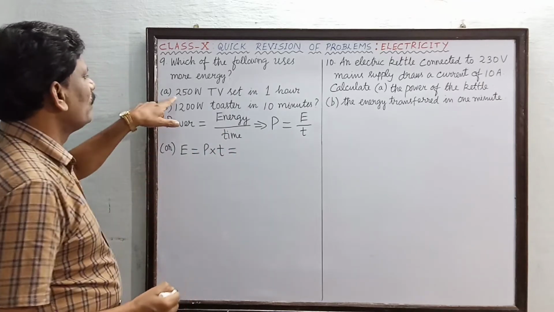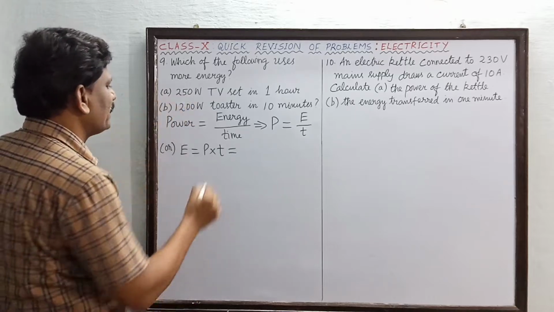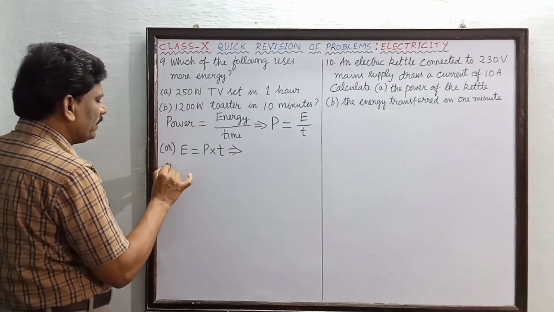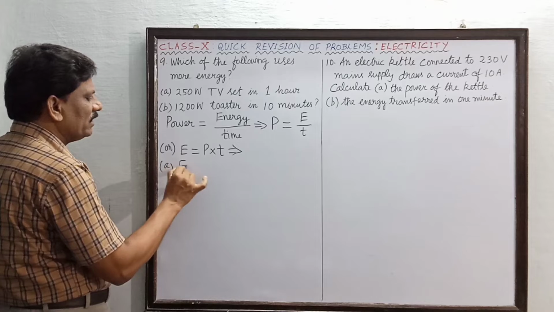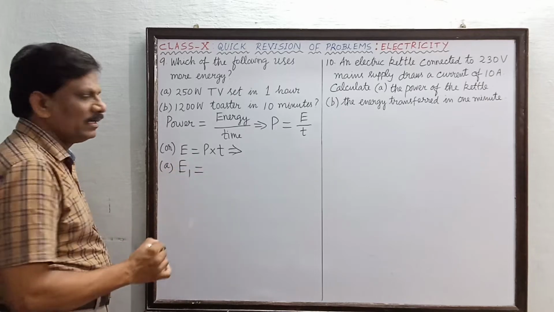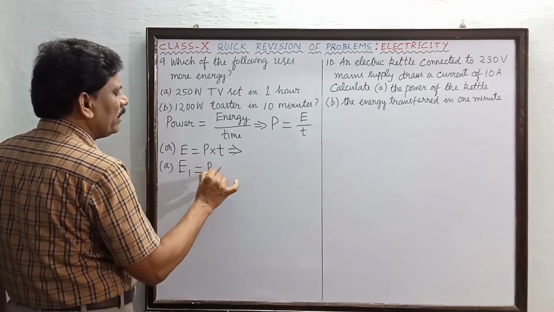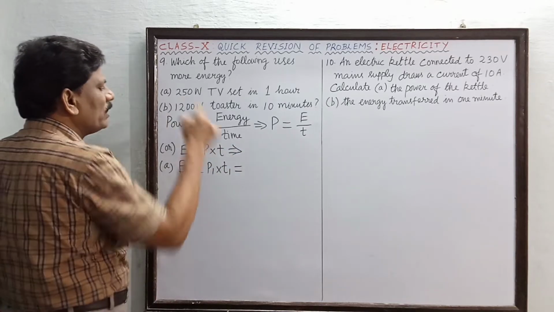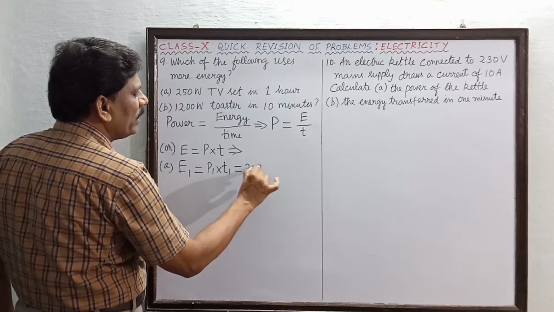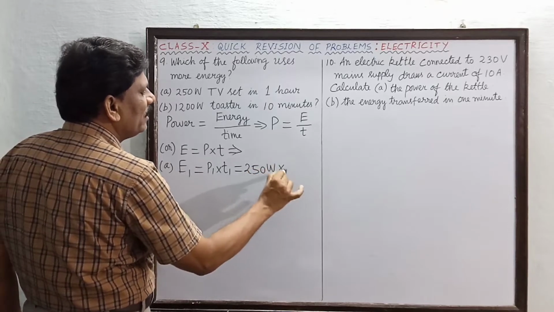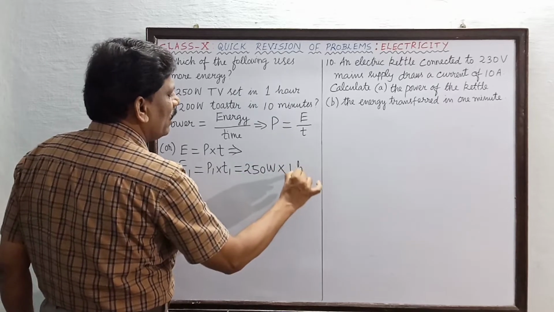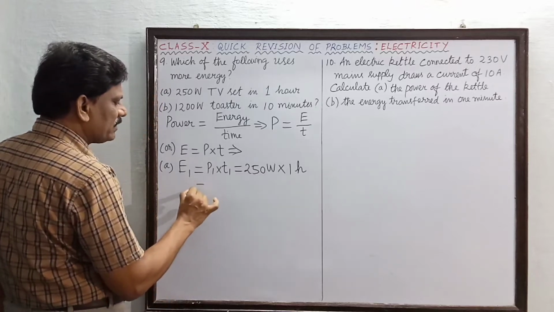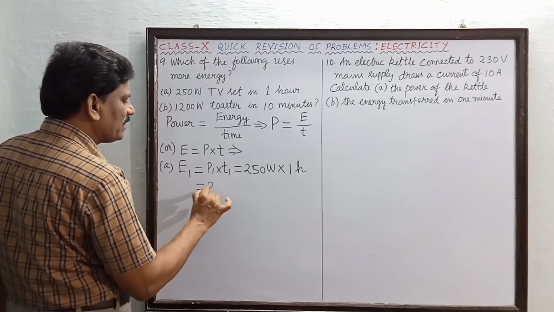So, in the first case, what is the power you see here? In the first case, energy E1 is equal to P1 into T1. The power is 250 watt, so 250 watt into 1 hour, which is equal to 250 watt hour.